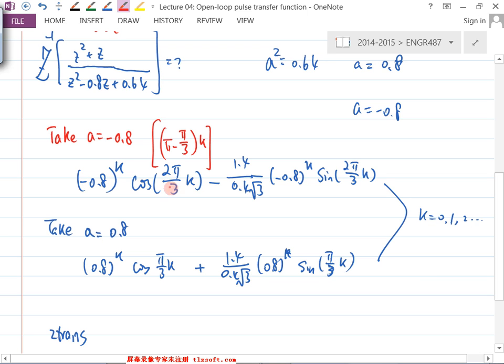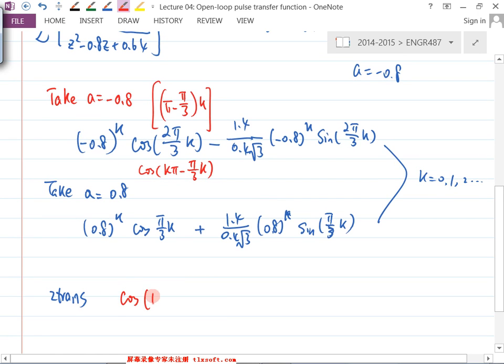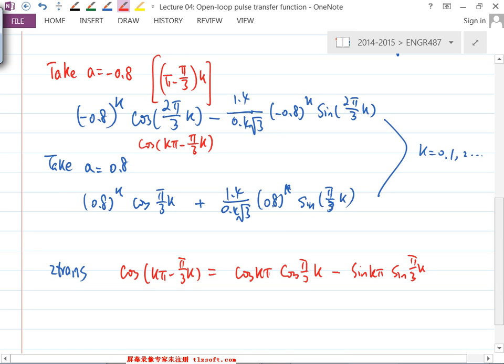So this whole chunk here is basically cosine of k pi minus pi over 3 k. So we single out this pi over 3 k now. Then cosine of k pi minus pi over 3 k equals cosine k pi cosine pi over 3 k minus sine k pi sine pi over 3 k, the trig identity. Does that make sense? Same thing for the sine, you can do that to find it.